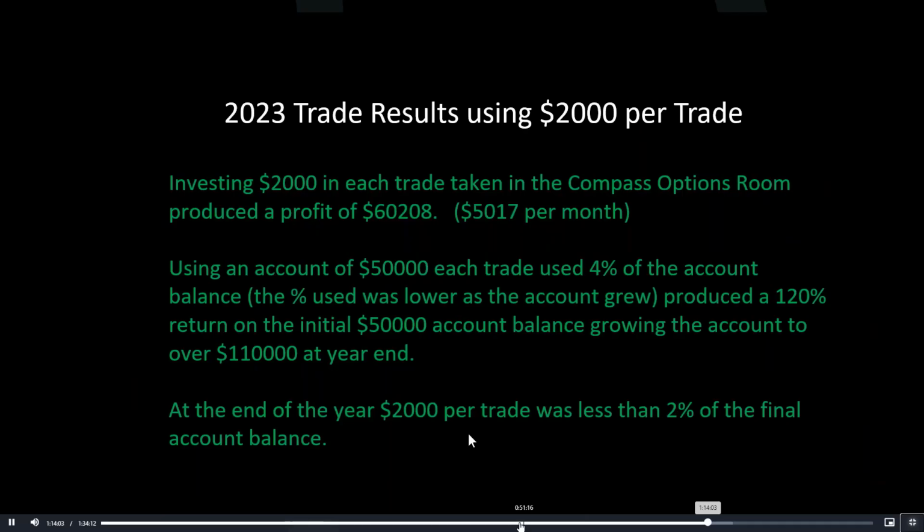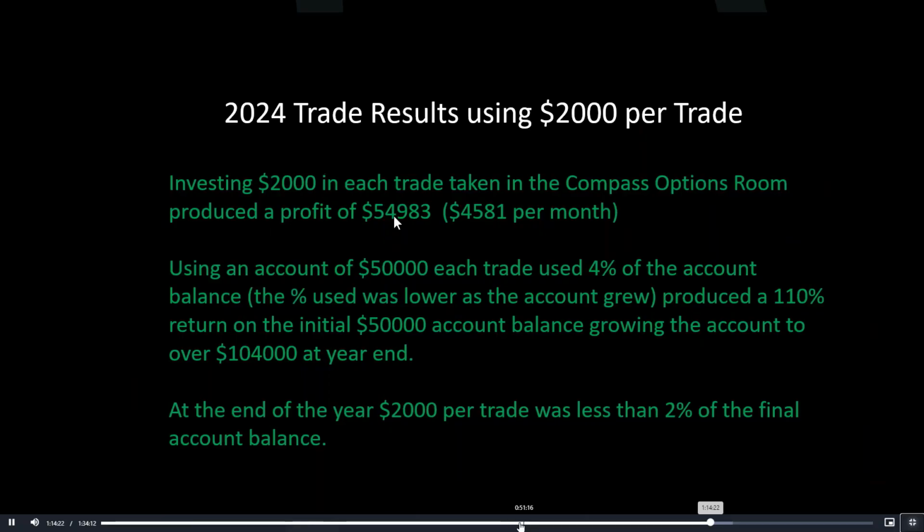Okay, so we'll take a look at the results and see what we've done with the room and the alert service. Again, this was using $2,000 per trade. Back in 2023, 60,208, 5,017 per month. 2024, about 55, 45.81, a little bit lower. Again, a lot of the profitability is dependent on the actual market.